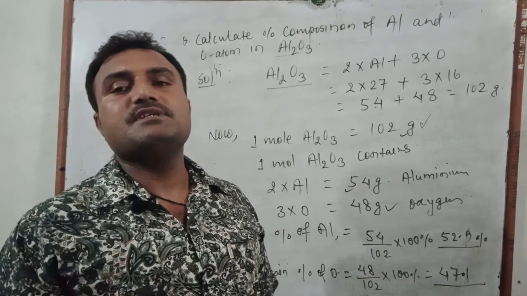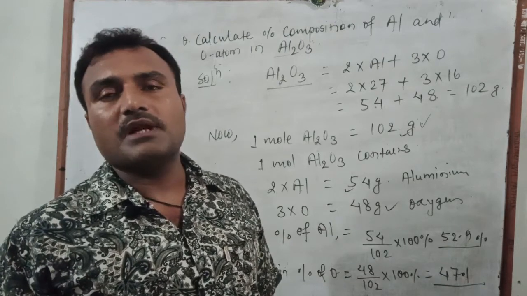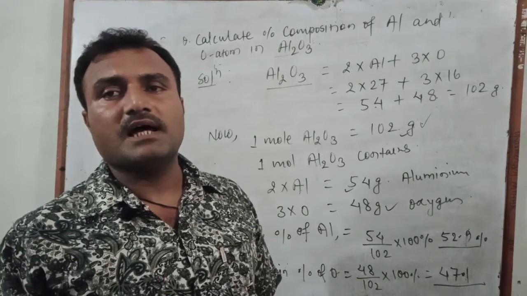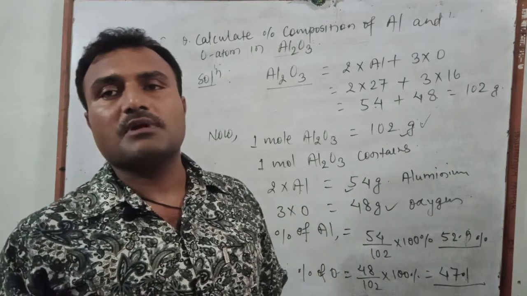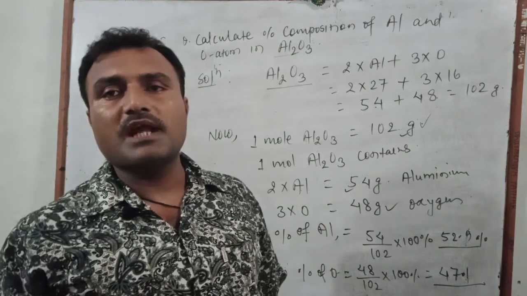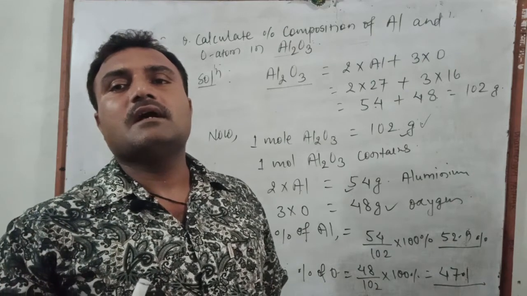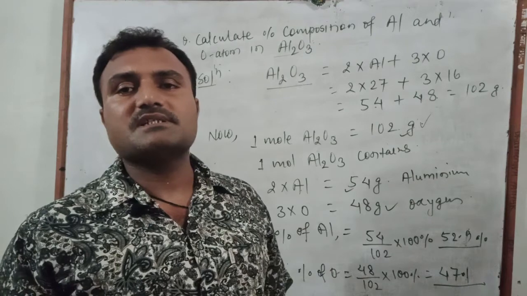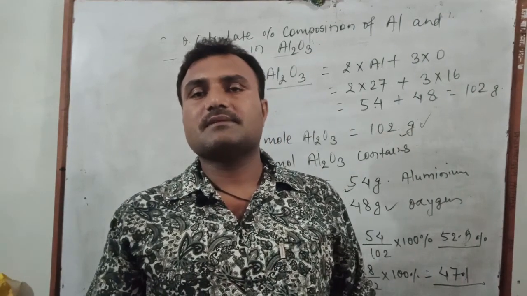In the next video we discuss what empirical formula and molecular formula are, the relationship between them, formula weight, empirical formula weight, and then how to balance a chemical equation and the different types of chemical reactions. Thank you.